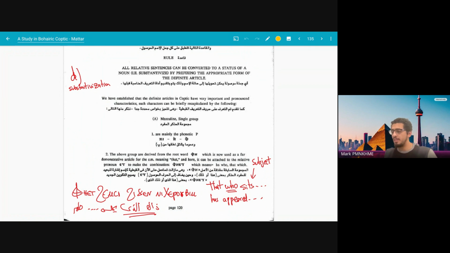So if you want to say "he who sits," remember the P and P and F, and the C and F, you would use a demonstrative article, that is fi and thi and ni, which means "that," and then you put et. So "that which is," and then you put the verb. So you can say something like hemsi.